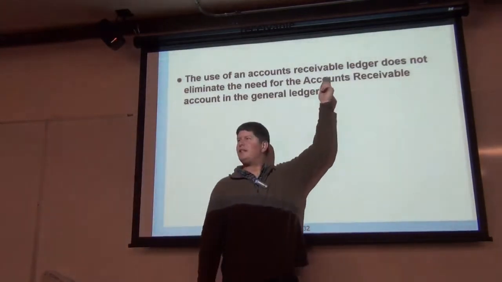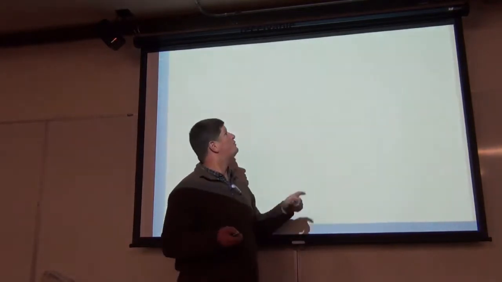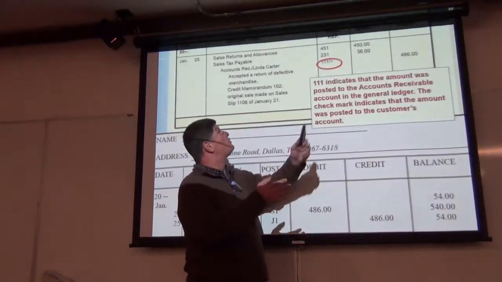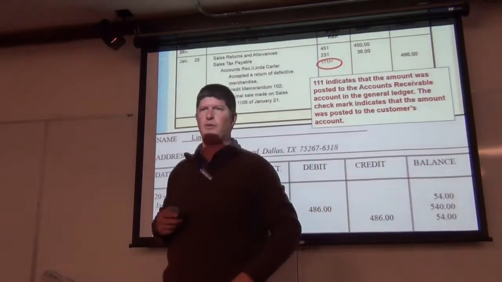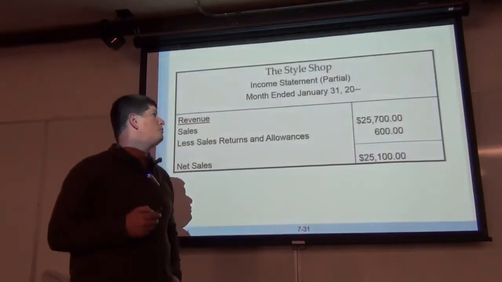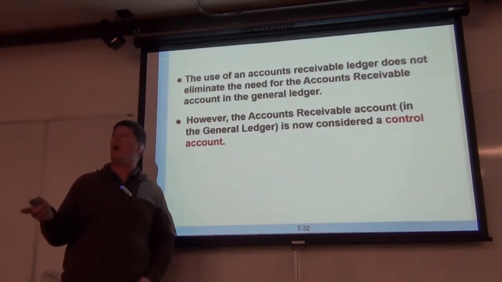The accounts receivable account in the general ledger will always exist. You are always posting there, because you saw that in the posting reference with the 111 and the check mark. We still post accounts receivable activity to the general ledger, but we're also posting it to the customer subsidiary card.